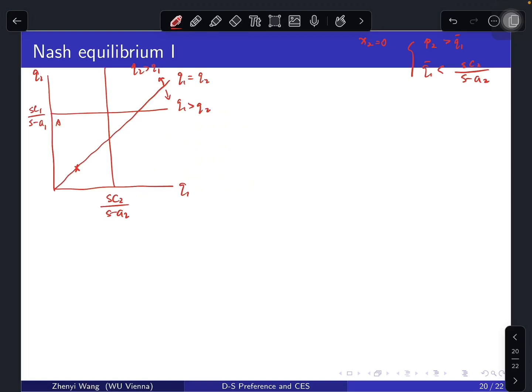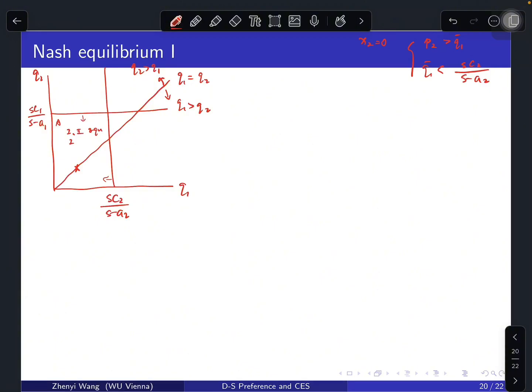then in region A, it satisfies that Q1 is smaller than SC2 over S minus A2, and Q2 is smaller than SC1 over S minus A1. So both x1 and x2 satisfy the equilibrium condition in region A. However, in this region, Q2 is greater than Q1.